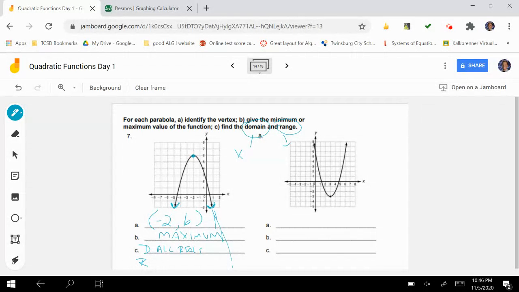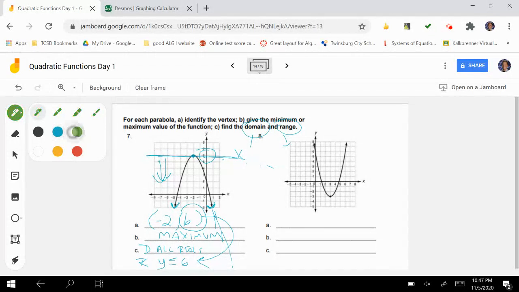Your range is going to be anything below what value? 6. So y is less than or equal to 6. Because if I draw that horizontal line here, your parabola is below, so that means less than, and it reaches that maximum point, so it's equal to. What's your y value? 6. So you can see where this 6 is coming from: your vertex, all right?